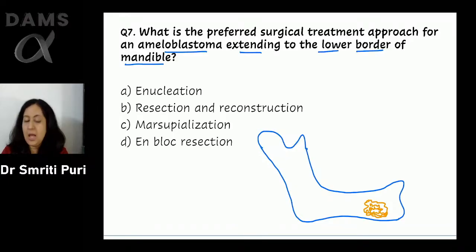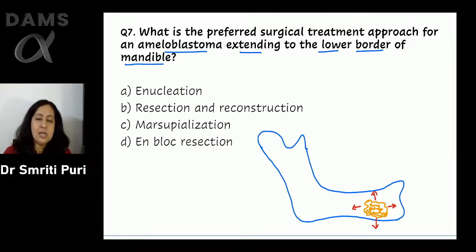Okay. Now you have to take 1.5 centimeters of margin all around. 1.5, 1.5, 1.5 and 1.5. So while you will be taking the inferior margin, you will have to take the inferior border in the specimen.